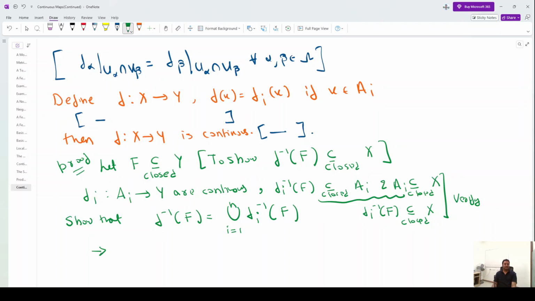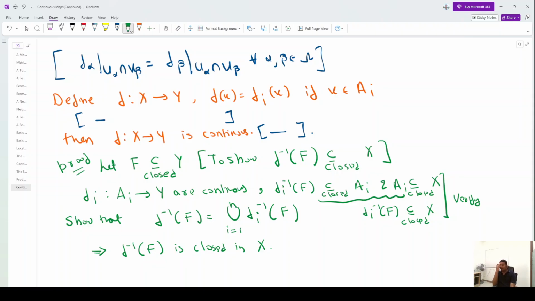Okay, so what does this imply? The inverse of F is also closed, because a finite union of closed sets is closed, right? Closed in X. That's what you have to show.